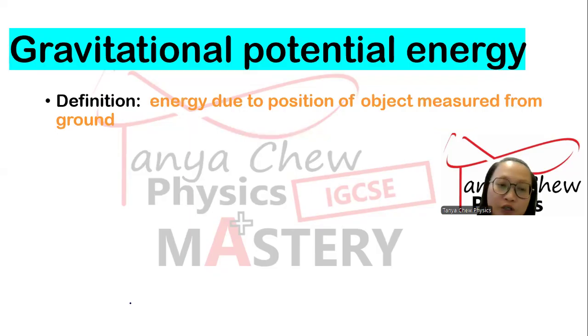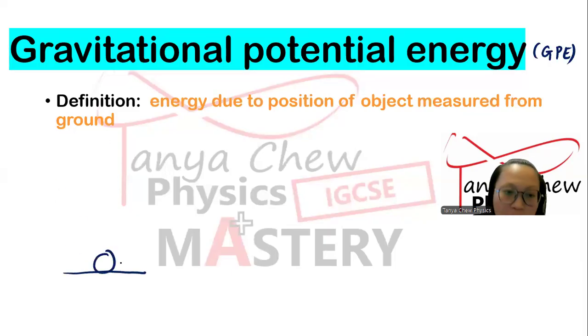One is gravitational potential energy, or in short, GPE. The definition of gravitational potential energy is the energy due to the position of the object measured from the ground. When the object is on the ground, there is no height, so the GPE is equal to 0. Let me put in the formula first.